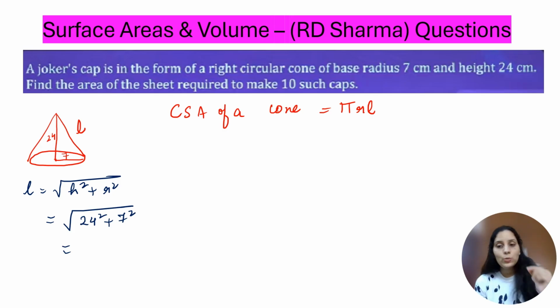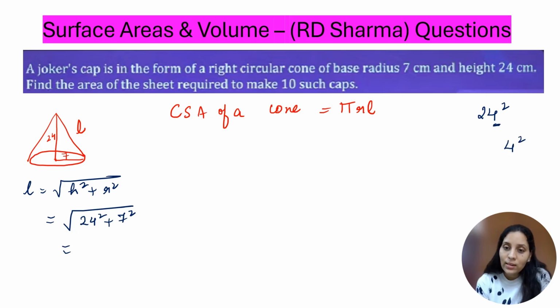Now 24 square. So I'll also be sharing some tips and tricks on how to quickly do the calculations. Now 24 square can be done as, this is 4 square and here is 2 square, and the middle number will be 2 into 4 into 2. 4 into 2 is 8, 8 into 2 is 16.